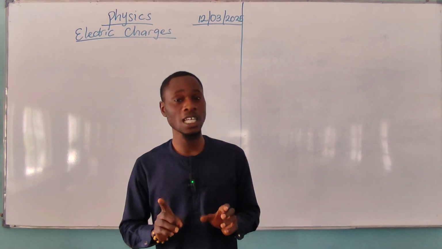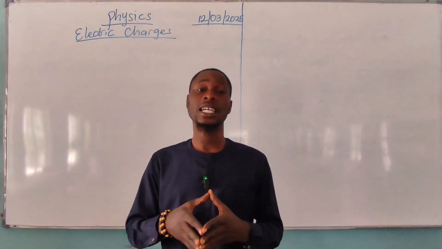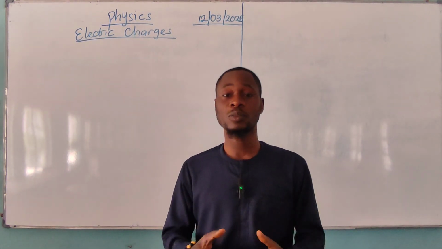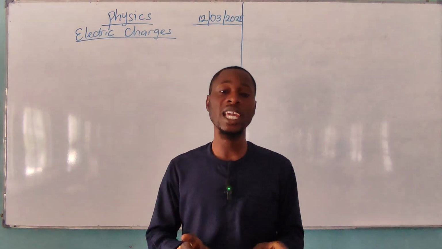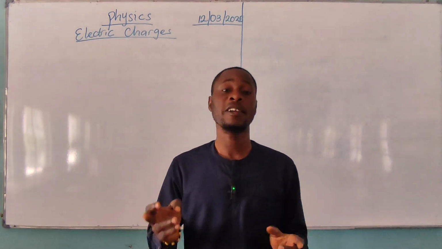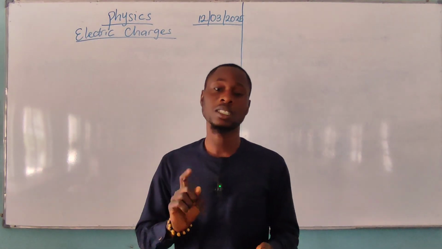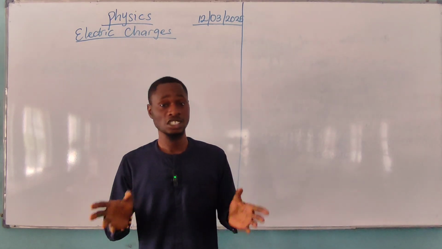And of course, we know that the protons and the neutrons are bound together in the nucleus of the atom, which is the center of the atom. The electrons, which are negatively charged, are revolving around the nucleus of the atom in orbits or in their shells.